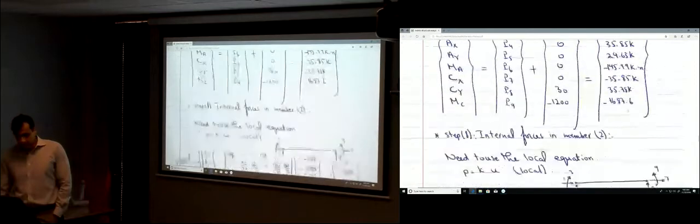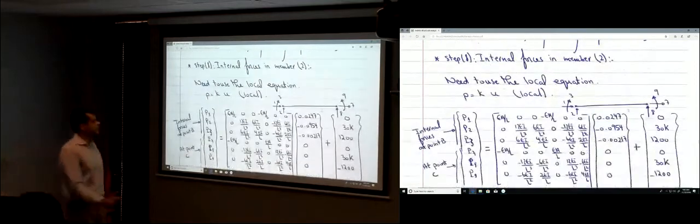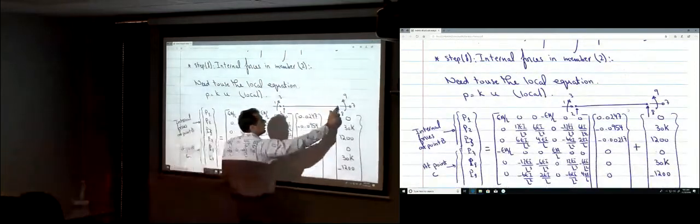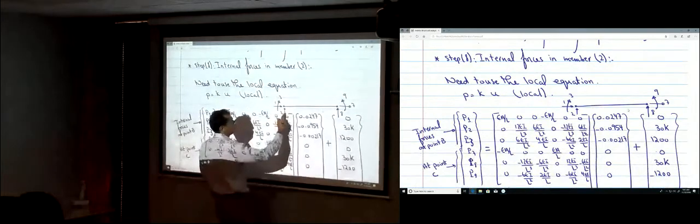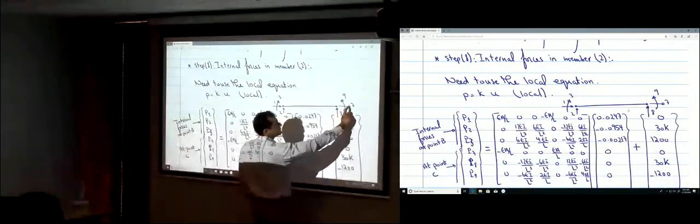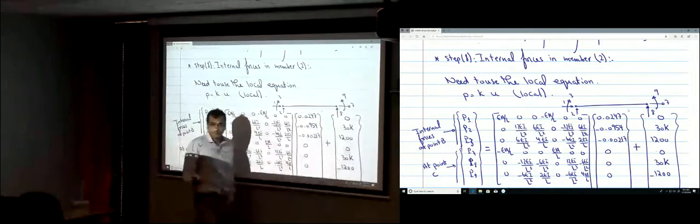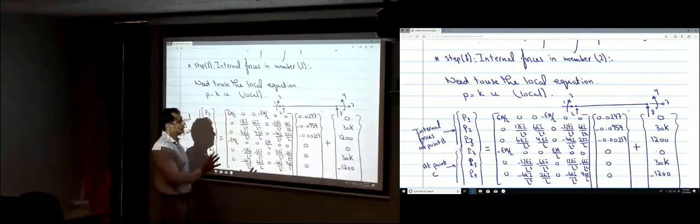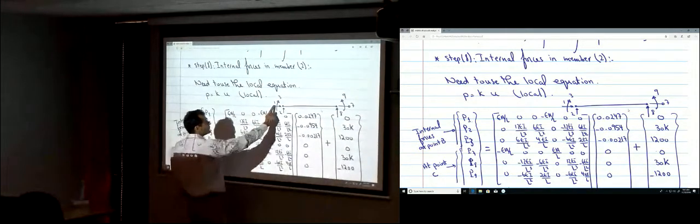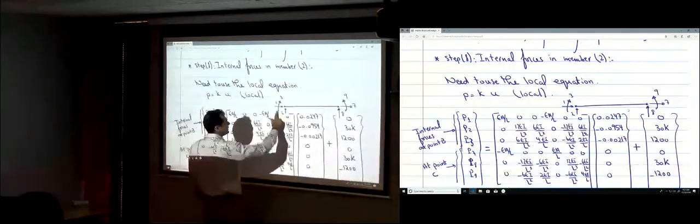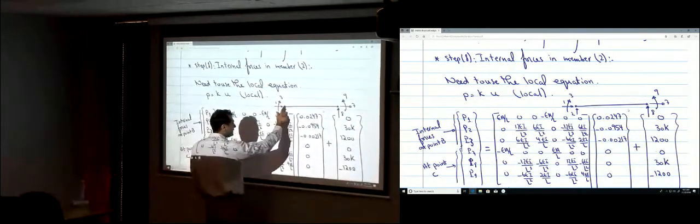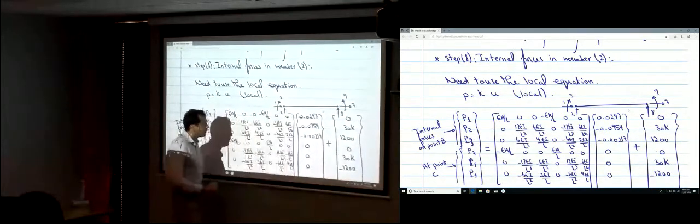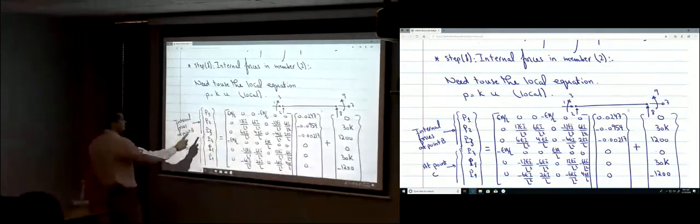So to find the internal forces, this is member 2. I have those internal forces, 1, 2, 3, and this is 7, 8, 9. If I break the member like this, those forces at point B are the internal forces here. So how do we find this?